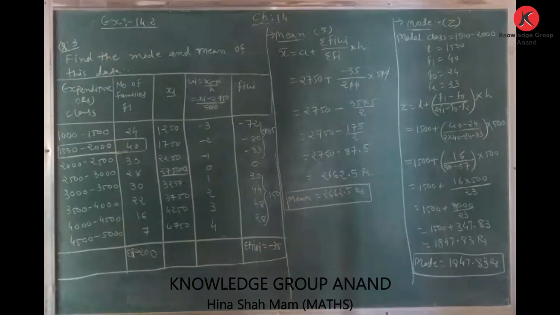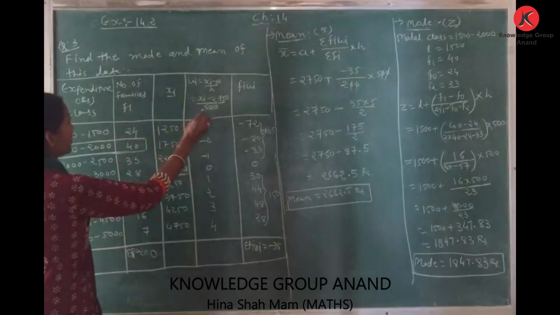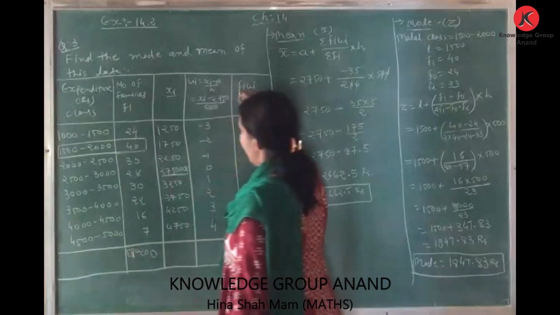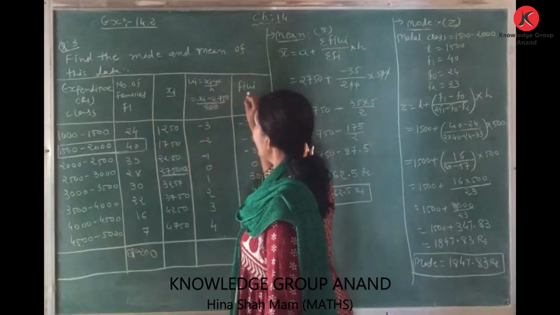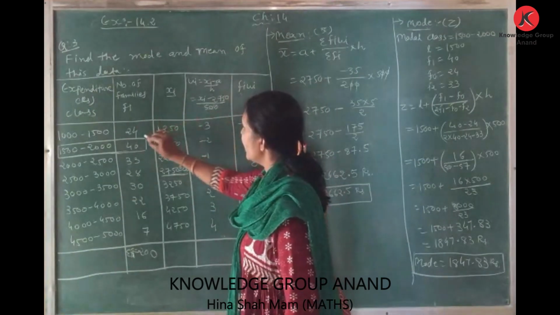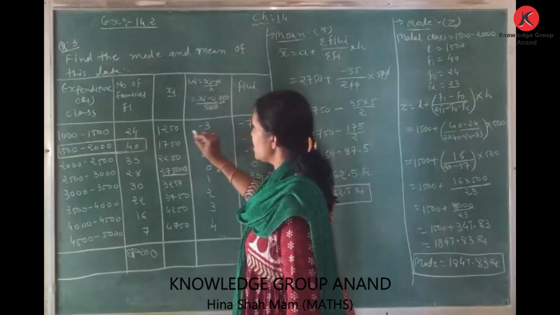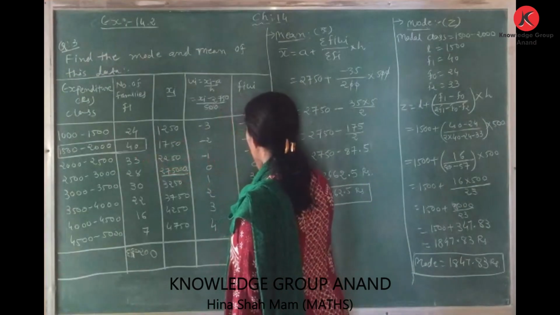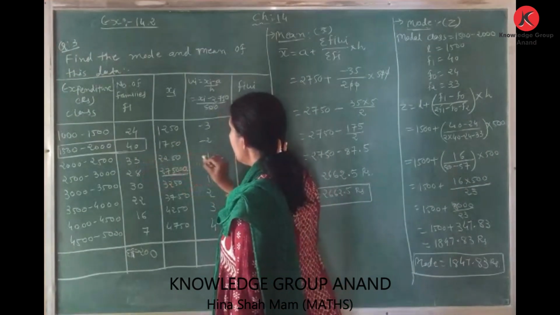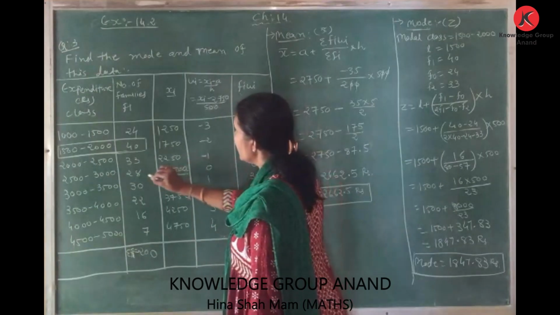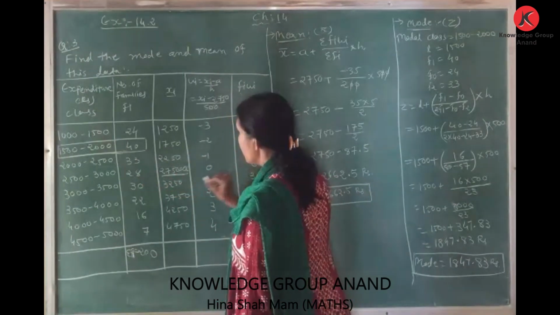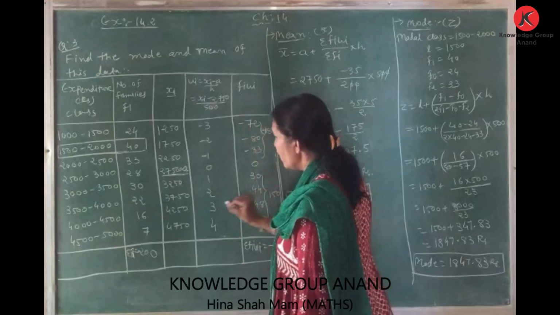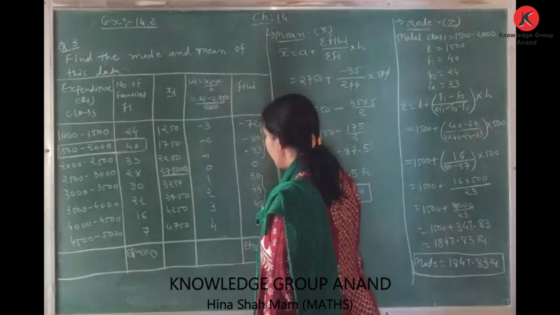Now the product of Fi and ui, the column Fi ui. 24 into minus 3 is minus 72. 40 into minus 2 is minus 80. 33 into minus 1 is minus 33. 28 into 0 is 0. 30 into 1 is 30. 22 into 2 is 44. 16 into 3 is 48.